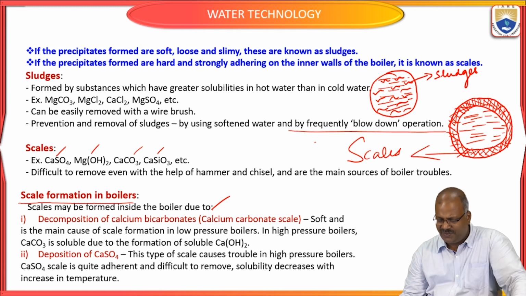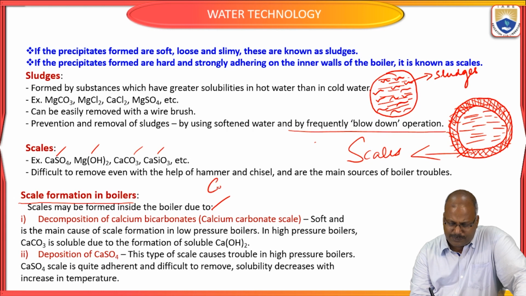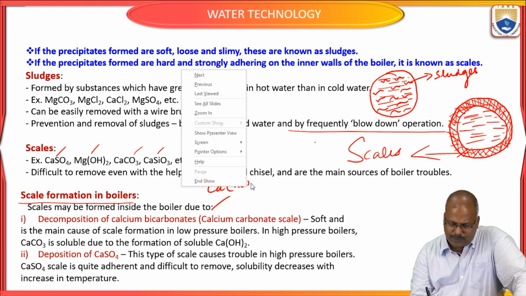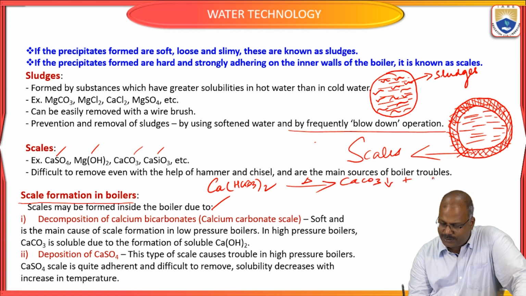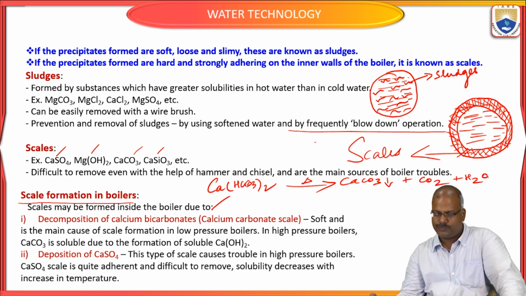We have already seen calcium bicarbonate: on heating it gives calcium carbonate precipitate plus CO2 plus H2O.